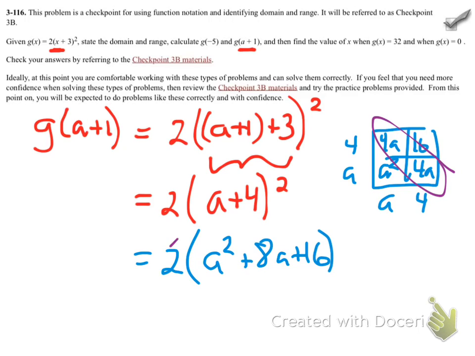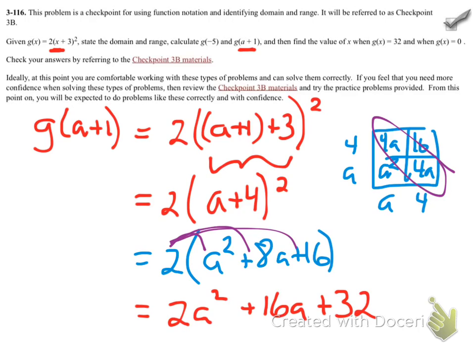My last step now is distributing the 2. So my final answer then for g of a plus 1 is 2a squared plus 16a plus 32.